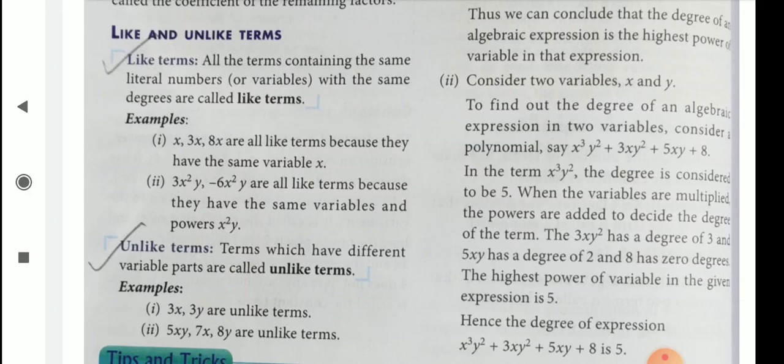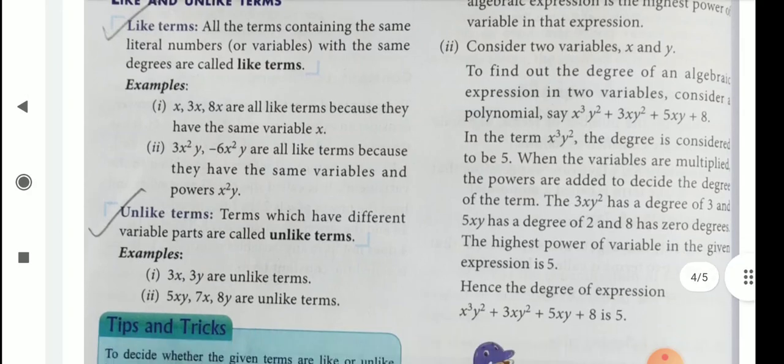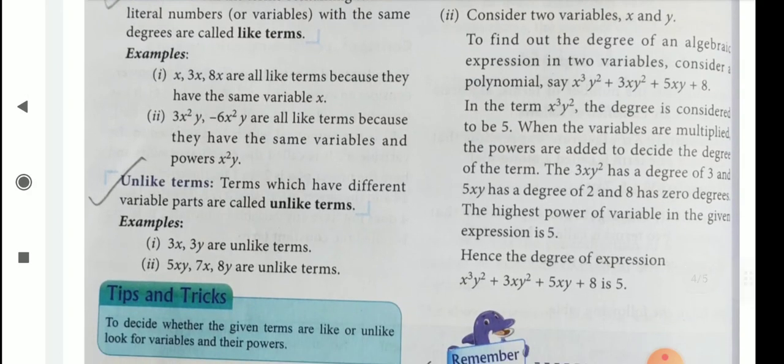And 8 has degree 0. The highest power of variable in the given expression is 5. Clear? Hence, the degree of the expression x cube y square plus 3xy square plus 5xy plus 8 is 5.